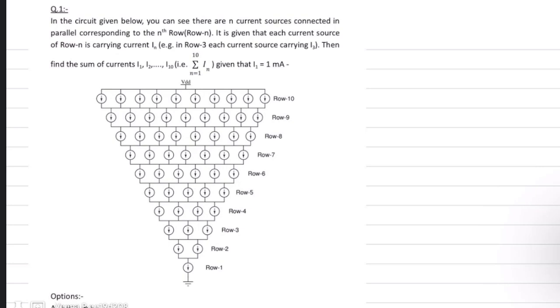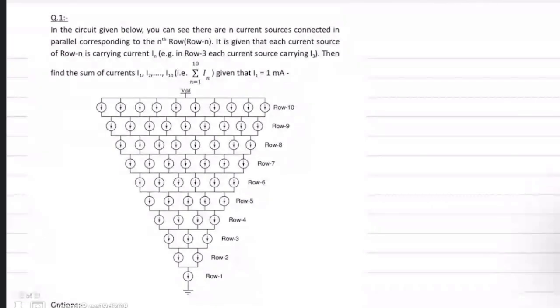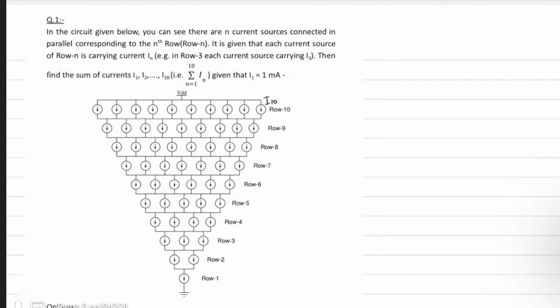So, you have a tree of current sources from row 10 to row 1. In row 10, the current flowing through each current source is I10. So I10 flows through this current source, so on, up to this current source.